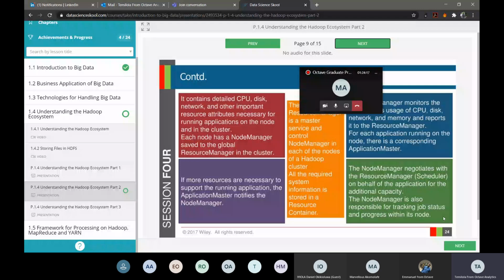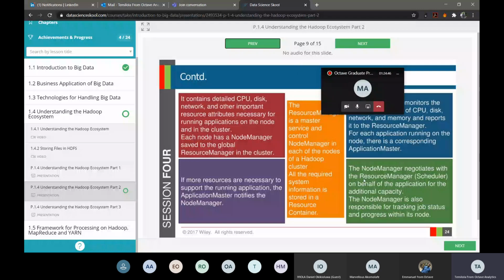Then the application master, what does that do? So basically, what the application master does is that if, let's say, more resources are needed to run an application, the application master communicates this to the resource manager.